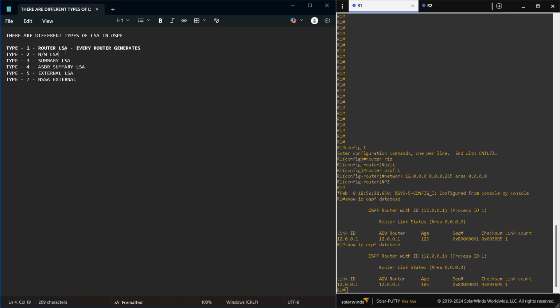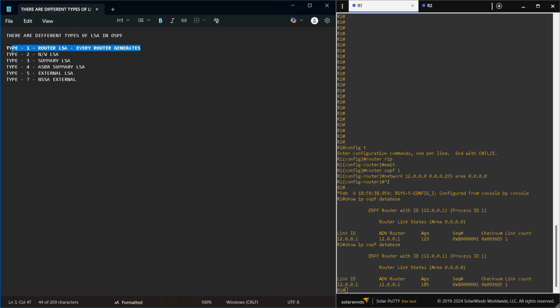The second one is type 2, the network LSA. The third type is the summary LSA. Type 4 is the ASBR summary LSA. The fifth one is the external LSA, and the seventh one is the not-so-stubby area external LSA. But for now, what is important is this router LSA that every router generates.